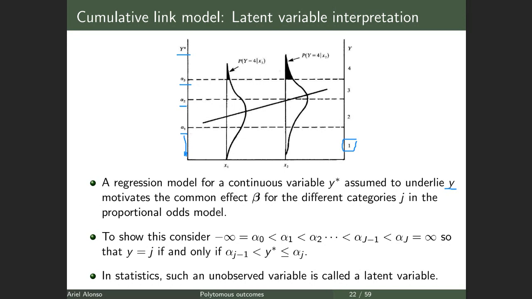If my latent response is between alpha 1 and alpha 2, then y is going to be equal to 2. If it is between alpha 2 and alpha 3, then y is going to be equal to 3. And if my latent response is larger than alpha 3, then my categorical response is going to take value 4. So basically, if you have an ordinal variable, you can think that this variable is a discretization of a continuous variable.